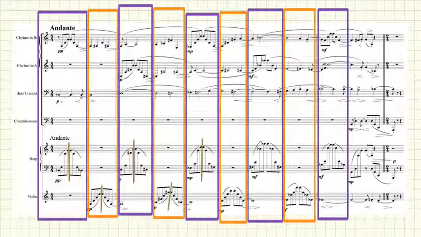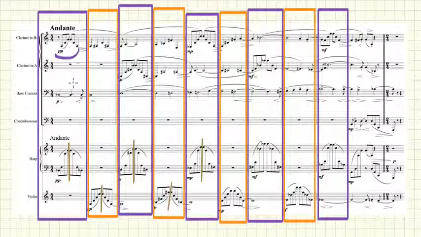Very good. So let's now look more closely at what happens in the violet measures, and we can see that the harp is not the only instrument playing there. If we look closely, we can see that we have the clarinet playing there.